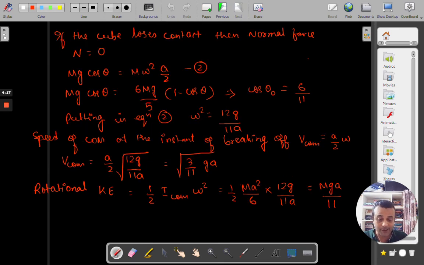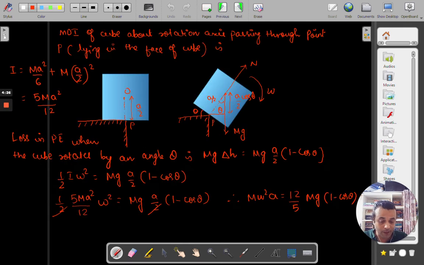If the cube loses contact, then normal force N is equal to 0. So writing this equation: mg cos theta minus normal reaction is nothing but the centripetal force, that is m omega square into the radius through which the center of mass is rotating, m omega square a by 2.